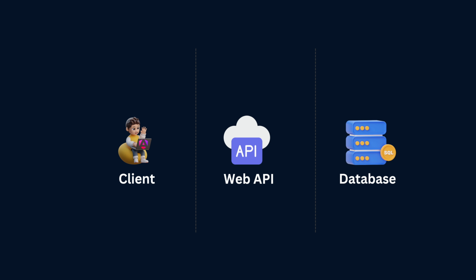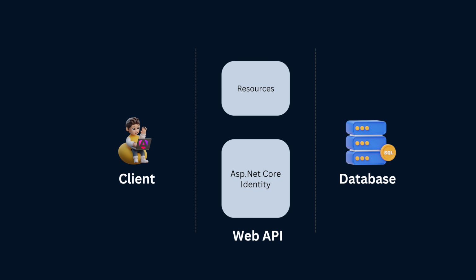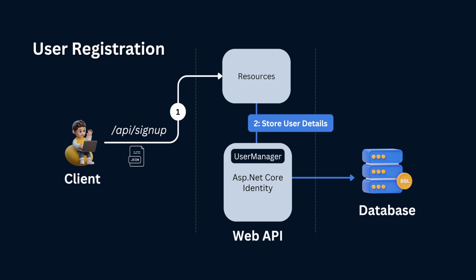Now for better clarity, I will split the Web API into 2 parts. So first of all, resources, you could think of them as various web methods inside the Web API. And then we have the framework ASP.NET Core Identity. Now in previous video, we have discussed user registration, in which we have created a new user or new identity into the identity solution that we have.